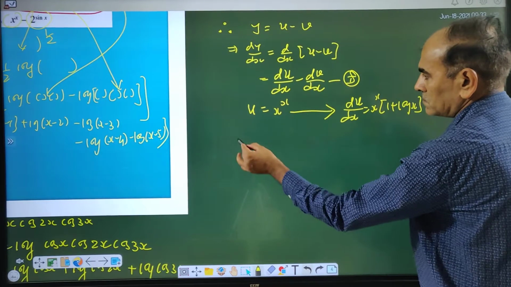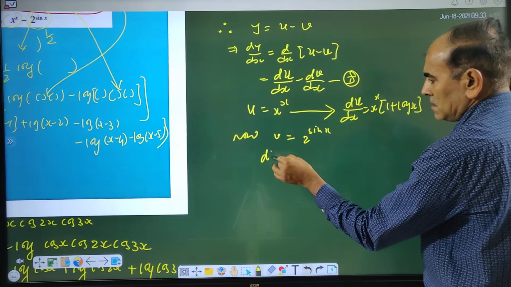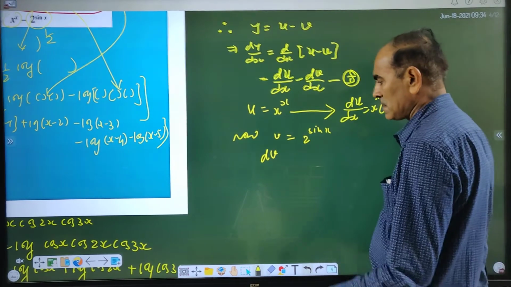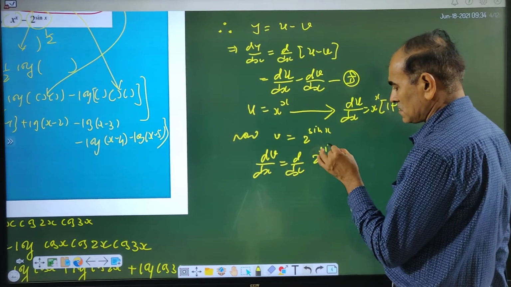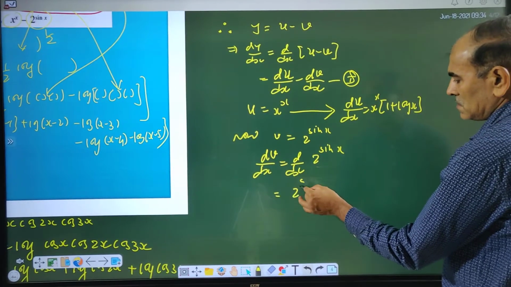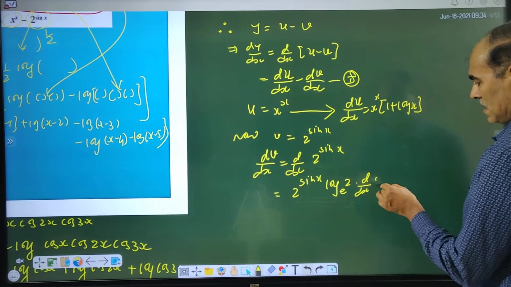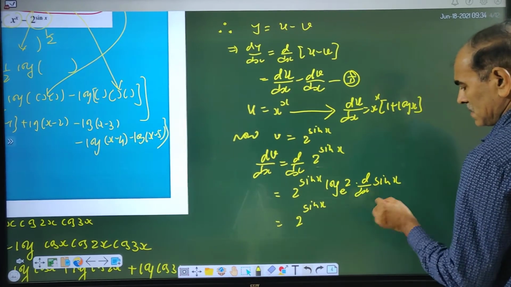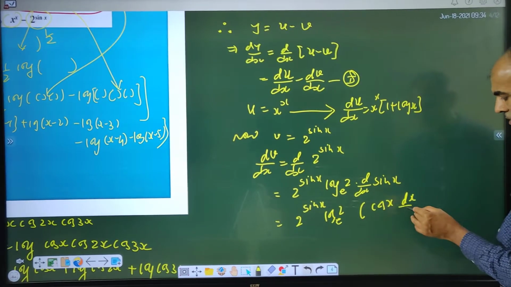What is v? v is equal to 2 raised to sin x. Here it is not power raised to power. Variable raised to variable form is not given, the exponential form is given. dv by dx is equal to d by dx of 2 raised to sin x. So what is a raised to some function? a raised to some function, log a base e, d by dx of some function. So 2 raised to sin x, log 2 base e as it is, cos of some function, d by dx of some function.